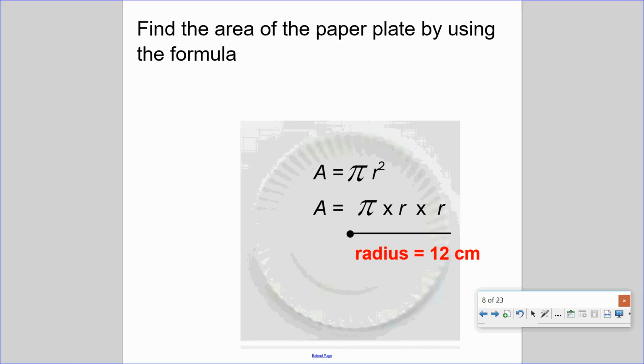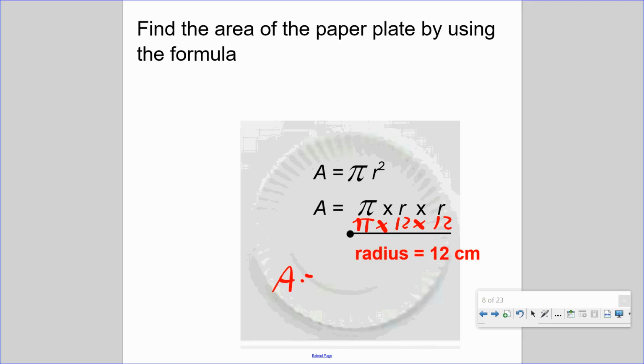Now I would like you to find the area of the paper plate by using the formula area equals pi r squared, or pi radius squared. So we have pi times the radius, 12, times the radius, 12. What is 12 times 12?